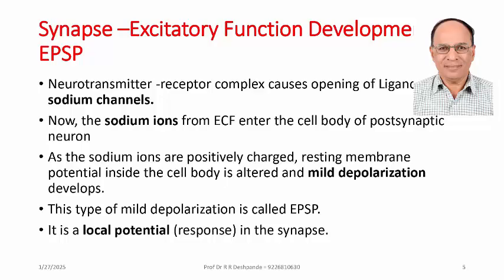Slide number 6. Just wait and see on the slide. There are the properties of this excitatory postsynaptic potential. Number 1, it is confined only to that particular synapse. Where is that joint? Excitation is not meant elsewhere.